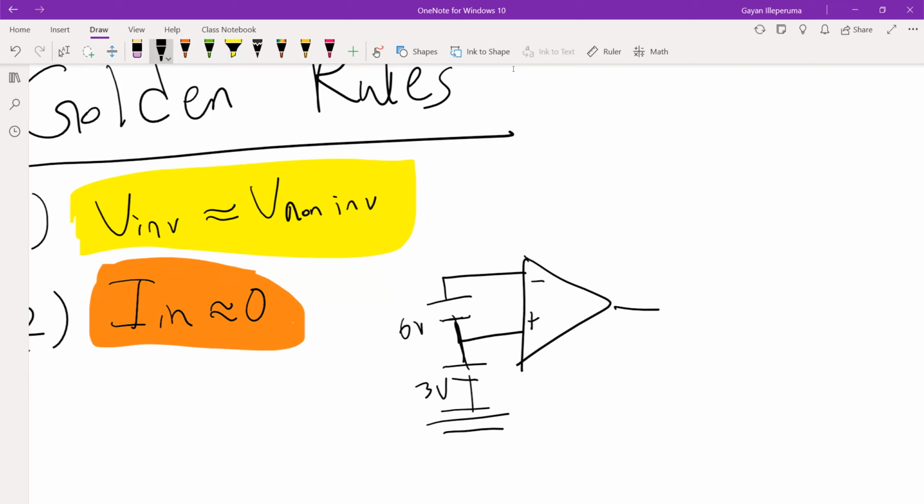Now, what will be the voltage difference between the inverting and non-inverting inputs? Or we'll forget about this ground pin. We don't need that one as well. We just connect it like this, a 6 volt battery across the two terminals. Now, what will be the difference in voltages between the inverting and non-inverting inputs?